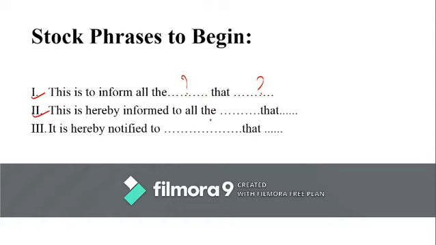This is to inform all, means to whom are you going to inform, that what are you going to inform, or it is hereby notified to whom, that means which you are going to inform. So these are some probable beginnings of notice.